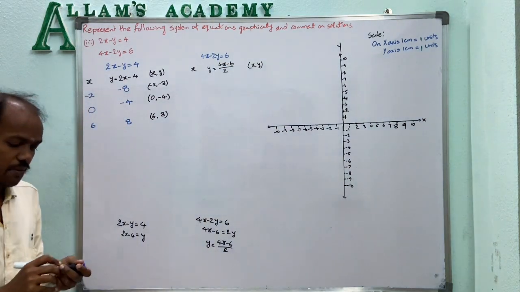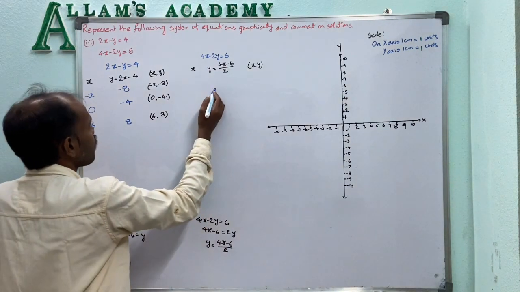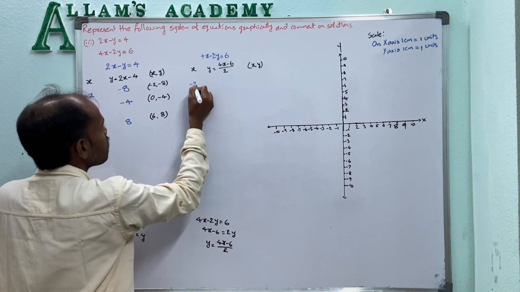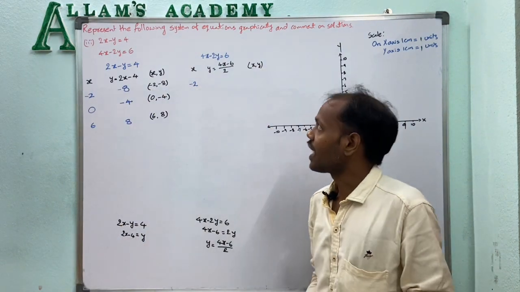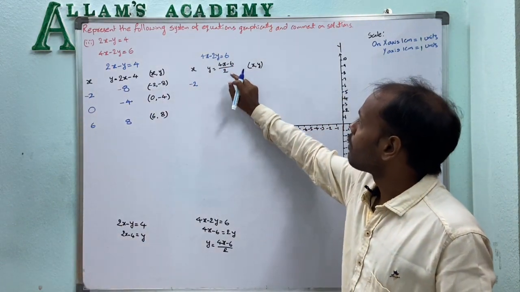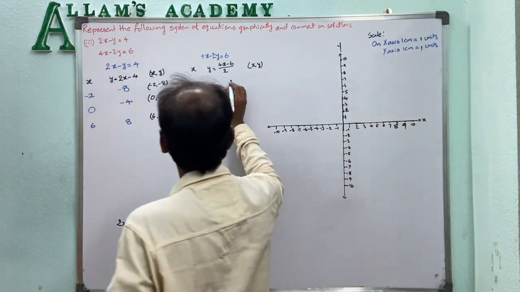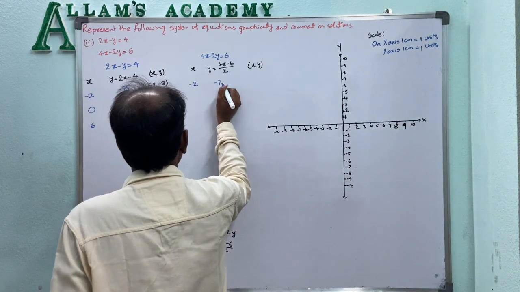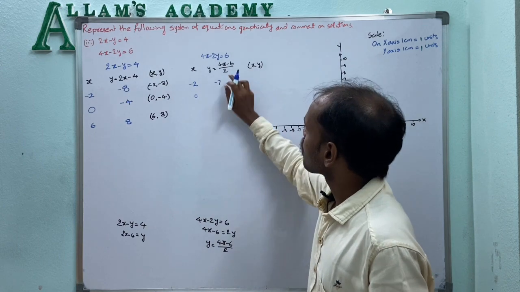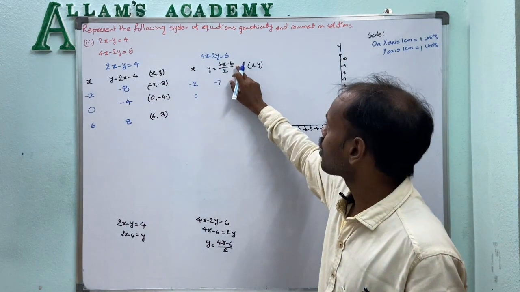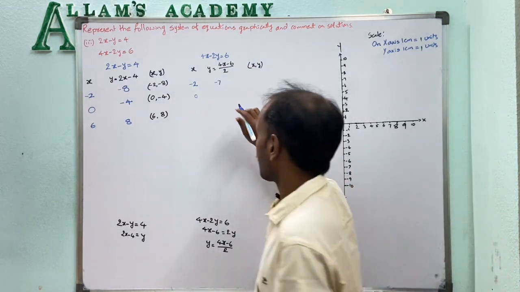Now substituting different x values we get different y values. First, x value as minus 2: 4 into minus 2 equal to minus 8, minus 8 minus 6 is minus 14, minus 14 by 2 equal to minus 7. Next, if x value is 0: 4 into 0 is 0, 0 minus 6 equal to minus 6, minus 6 by 2 equal to minus 3.